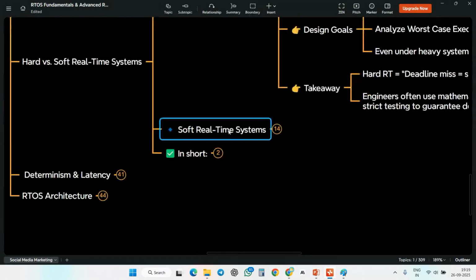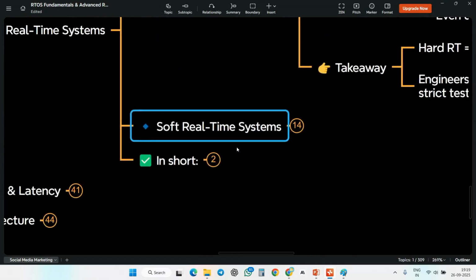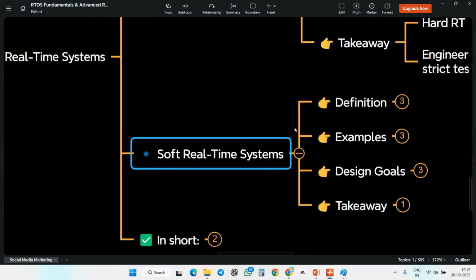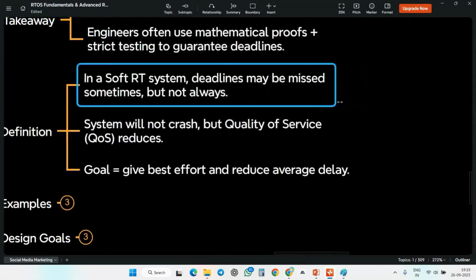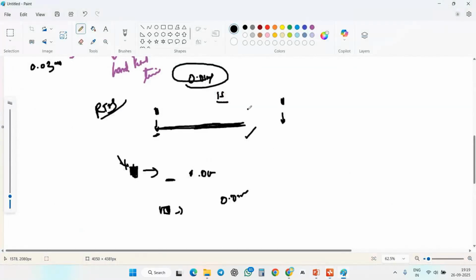And soft real time means, what does soft real time mean? The definition of soft real time is that the deadline may or may not be missed, but not always.